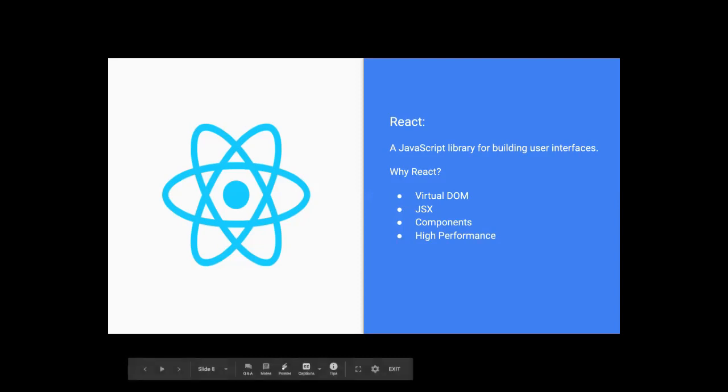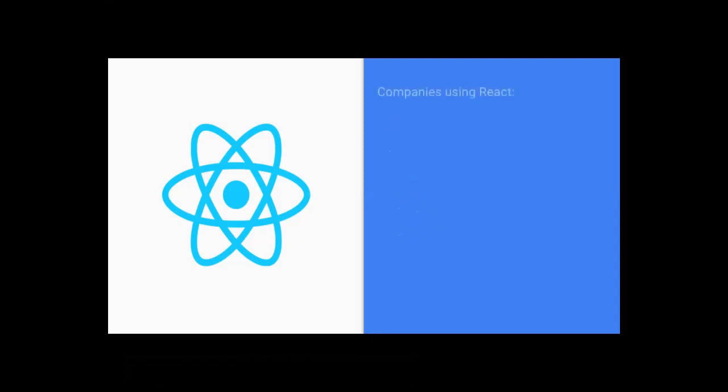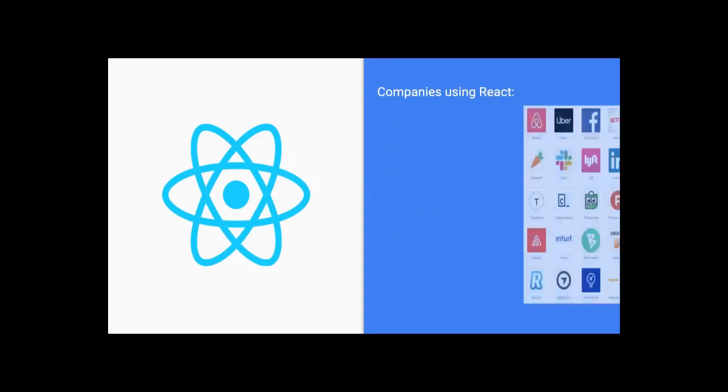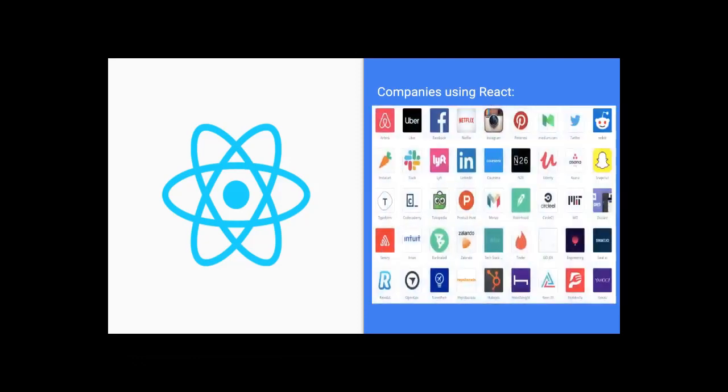So there has been a lot of hype about React. Let's see the companies that use React. And you will be surprised with the list of companies that you will see in the image here that use React. If you see the top row of the image, you would have heard of all those companies, and these are the big companies that are using React. Uber, Facebook, Netflix, Instagram, Airbnb.